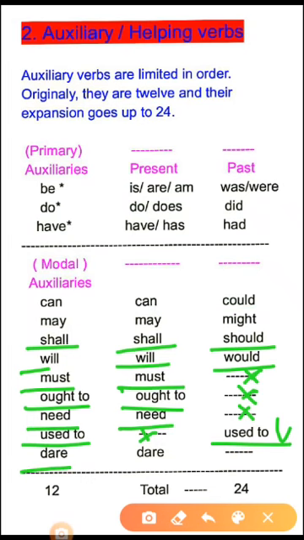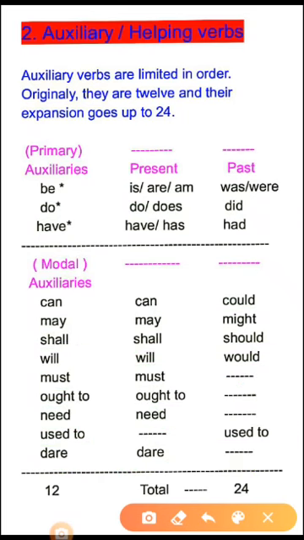Dare: present form dare and there is no past form of dare. So this way if you count the total number of auxiliary verbs, it will be 12 and their expansion goes up to 24.